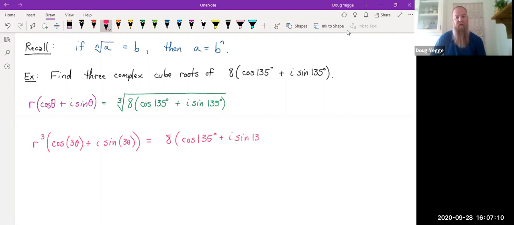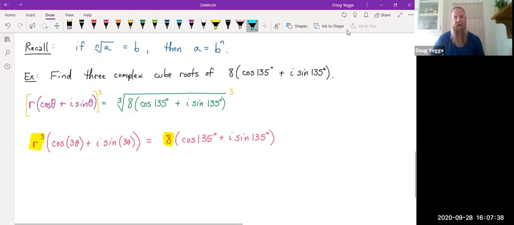So in other words, if we're trying to find a cube root of this number, then we just define my final answer in terms of r and theta. And when we now apply DeMoivre's theorem by raising both sides to the power of 3, we simply get that r cubed is now going to have to equal 8.